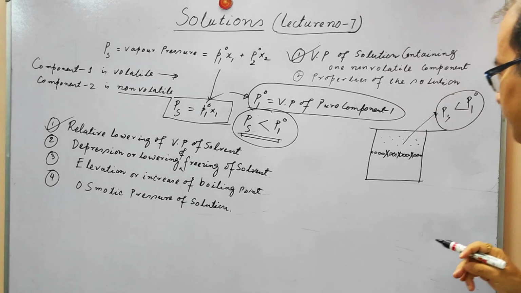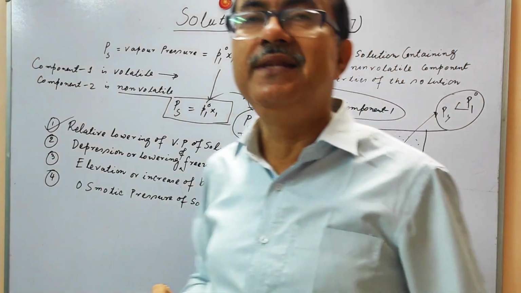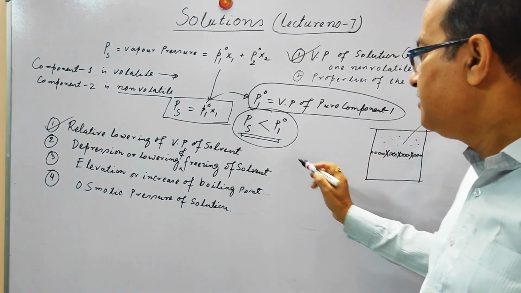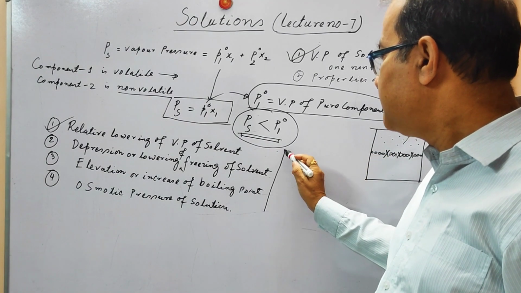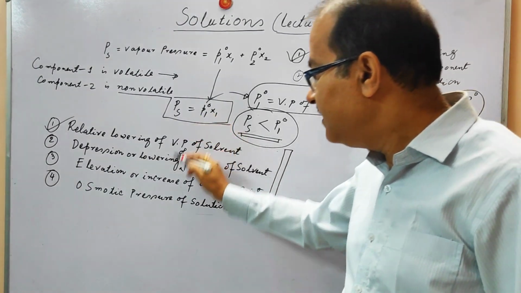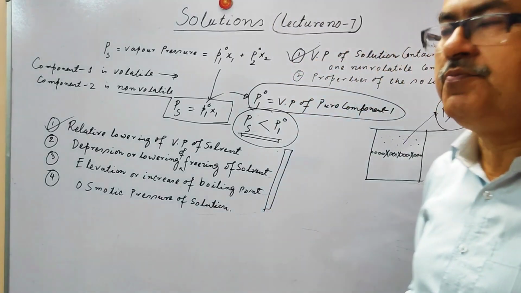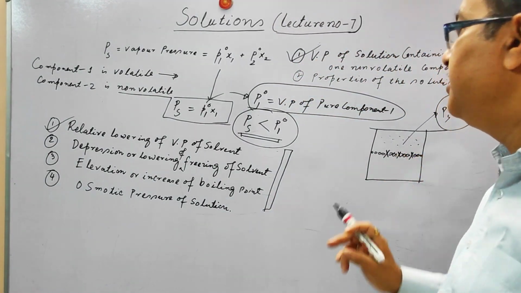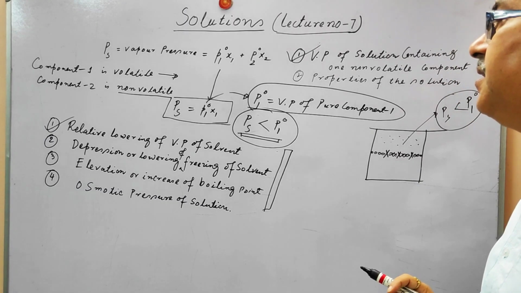That is the explanation behind this fact. So these things have been analyzed and it is found that four important properties of the solutions are affected by this reduction in the vapor pressure.